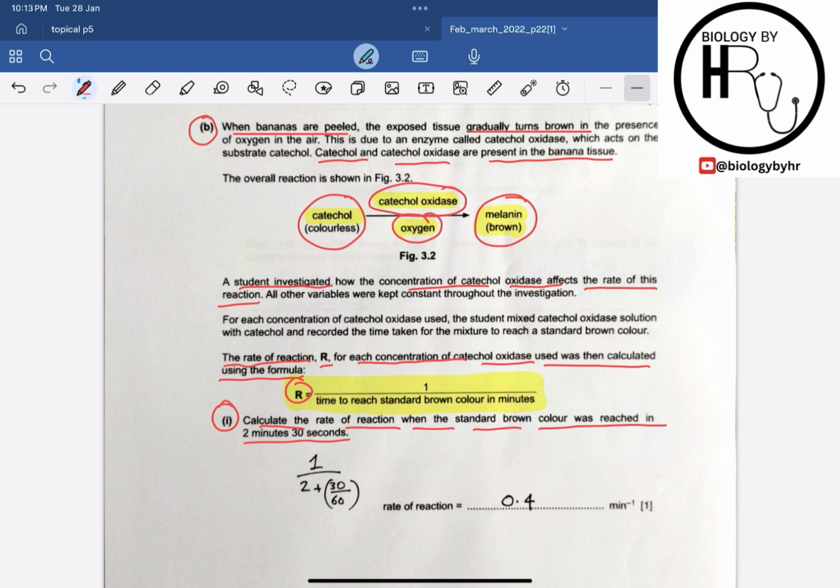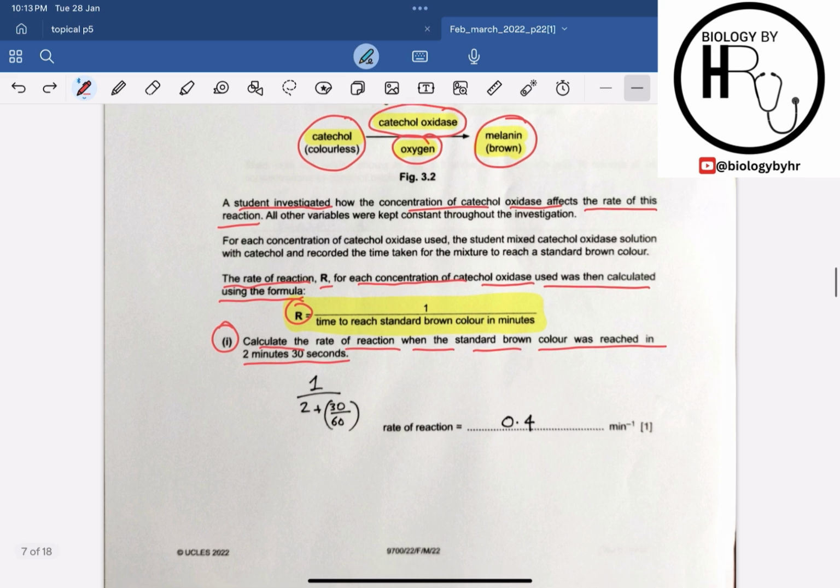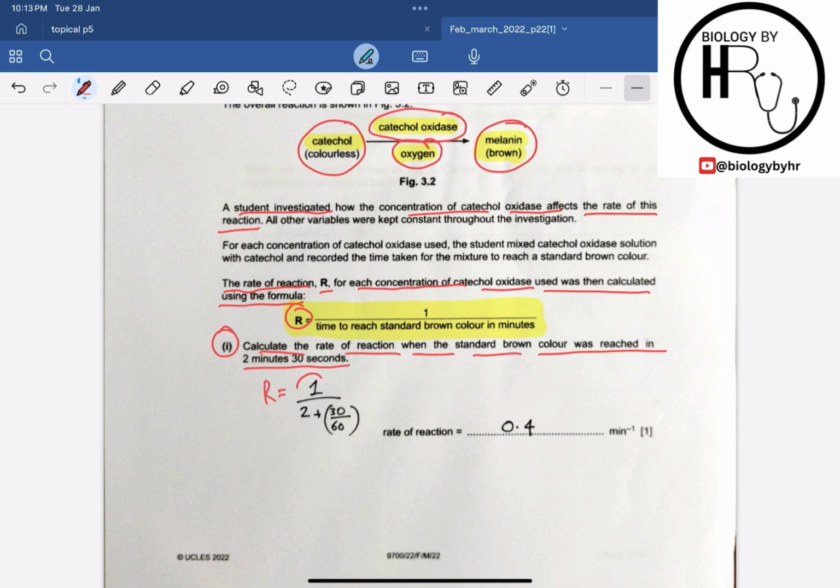So you just simply have to use this formula, R is equal to 1 divided by time to reach the standard brown color in minutes, and the time is 2 minutes and 30 seconds.